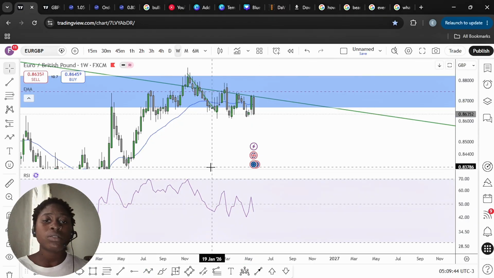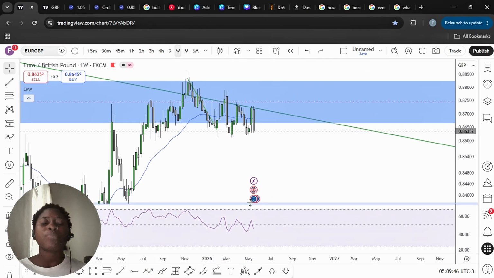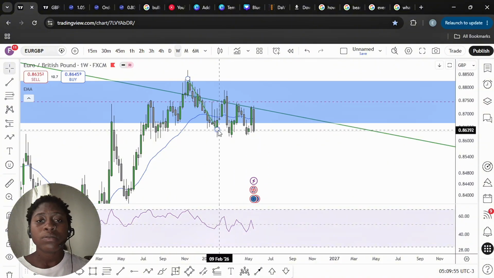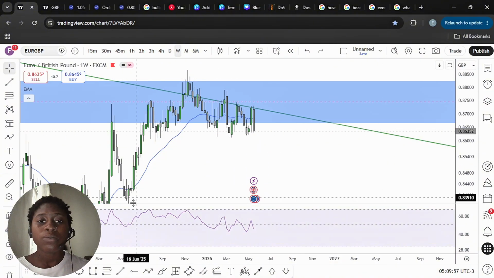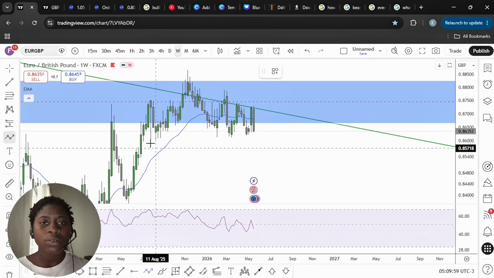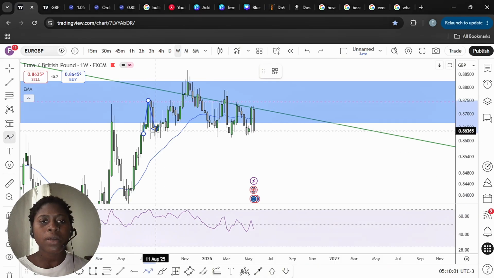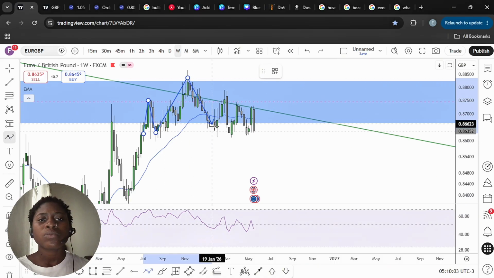I'm very certain to a large probability, because it's all about a probability game at the end of the day, that it's gonna go down. And I can see another bigger head and shoulder pattern form.